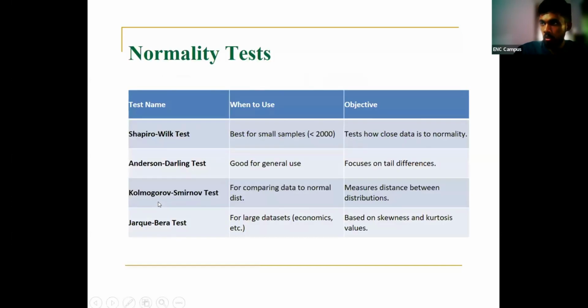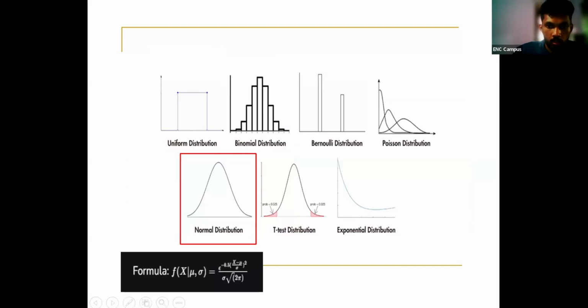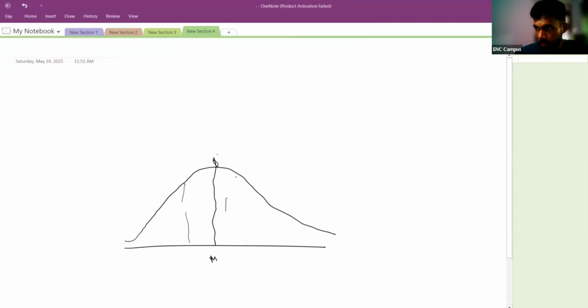Then we have something called the empirical formula. The empirical formula denotes that in the normal distribution, 68% of data falls within the first standard deviation, then 95% of data falls within the second standard deviation, mu minus 2 sigma to mu plus 2 sigma, then 99% of data falls within 3 sigma.